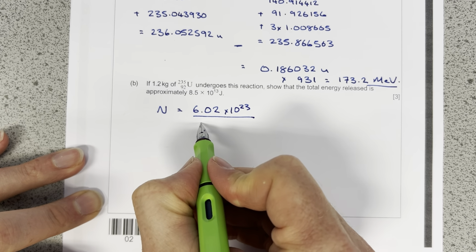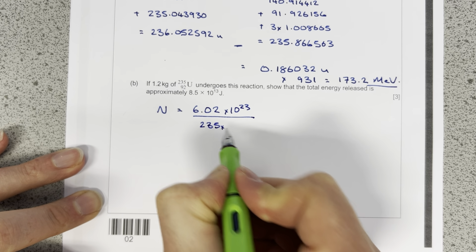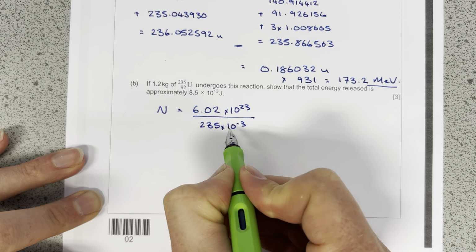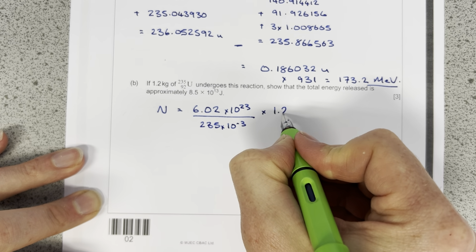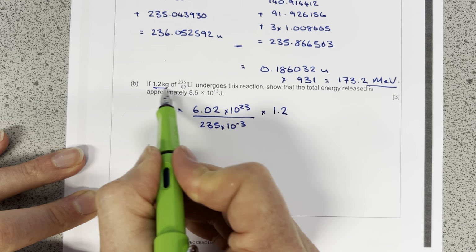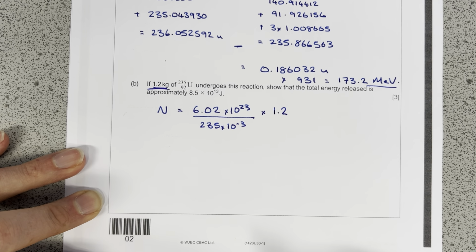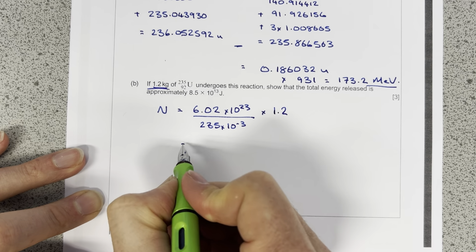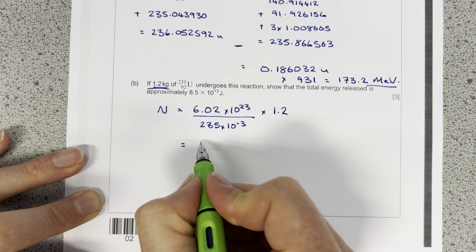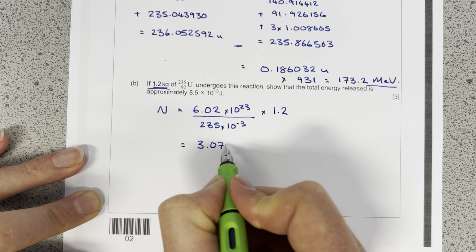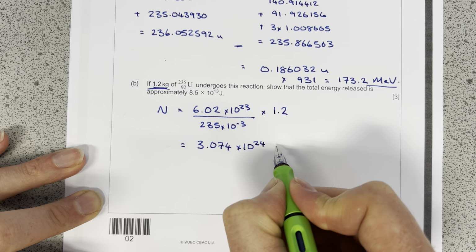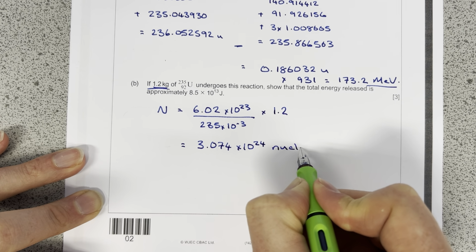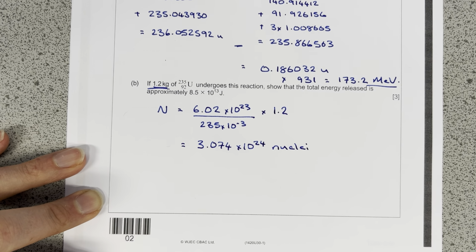So this is going to be 235 times 10 to the minus 3 grams into kilograms. And for good measure, we'll times it by the 1.2 kilos that they're telling us we've actually got of the uranium. Again, into your calculator that goes, and that's going to come out with 3.074 times 10 to the 24 nuclei. So that's how many nuclei of uranium there are.